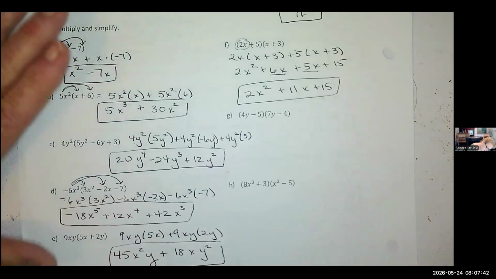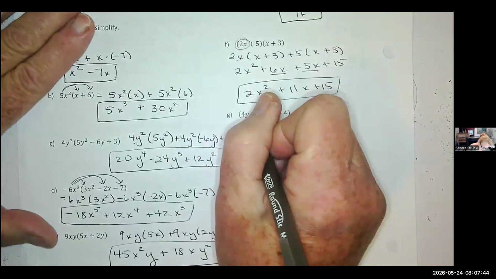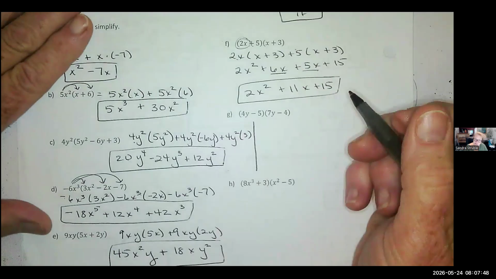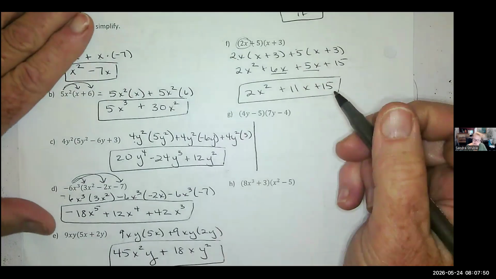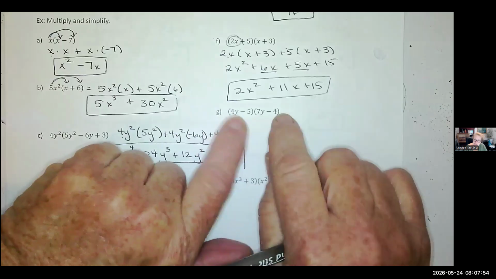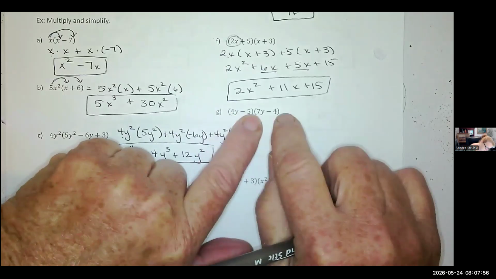It's a little bit harder to show, but once you get it, it's fine. So FOIL is first, outer, inner, and last, looking at the binomials. So the first two terms are multiplied together.